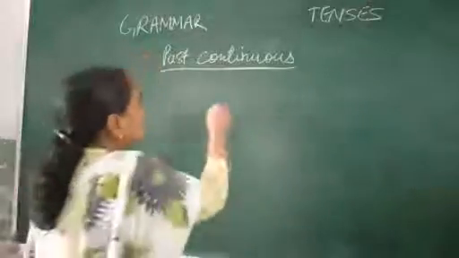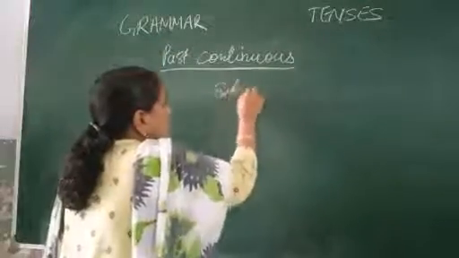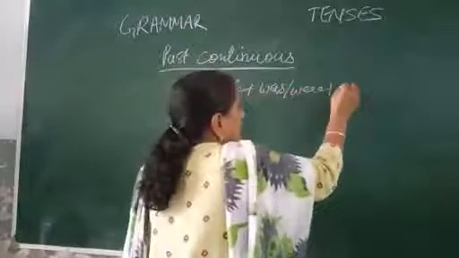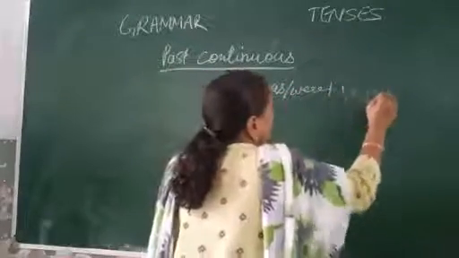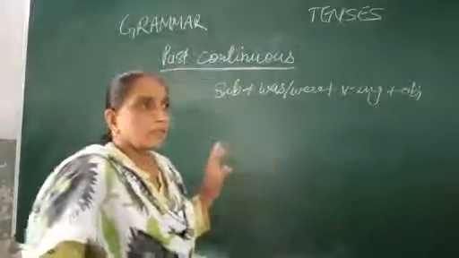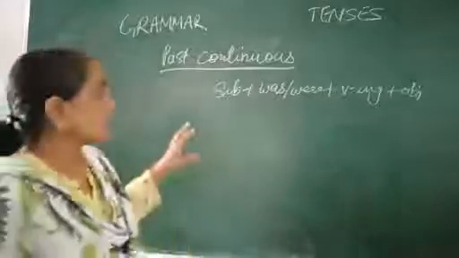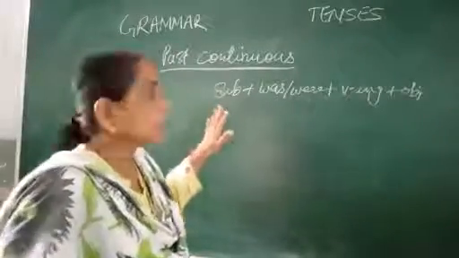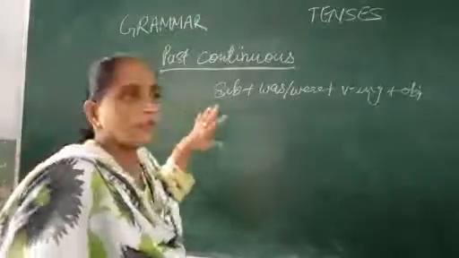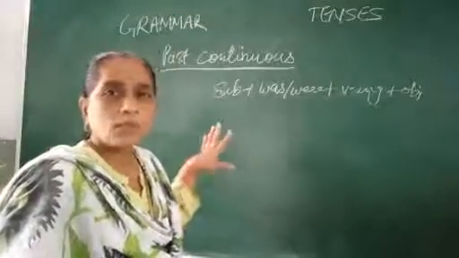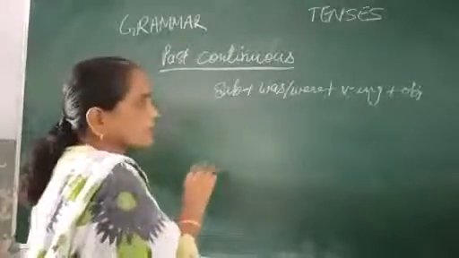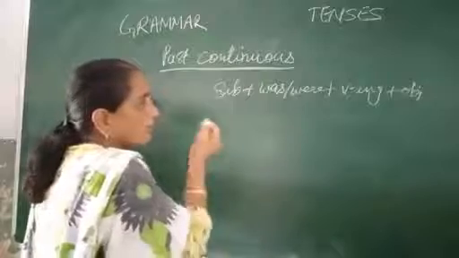So the structure of this is subject plus was or were plus ing form of the verb plus object. Students, be very precise about learning tenses, because in these tenses, especially past and present, they will always be helpful in writing correct sentences of any writing section or any answer.